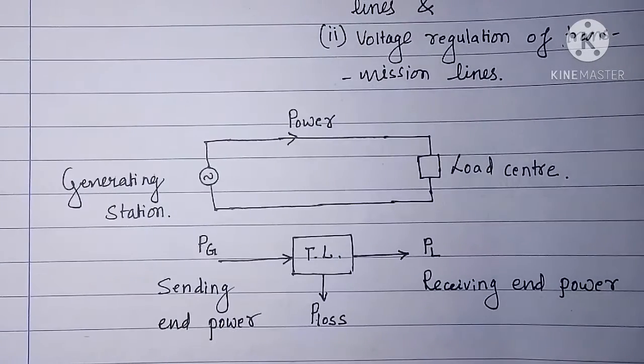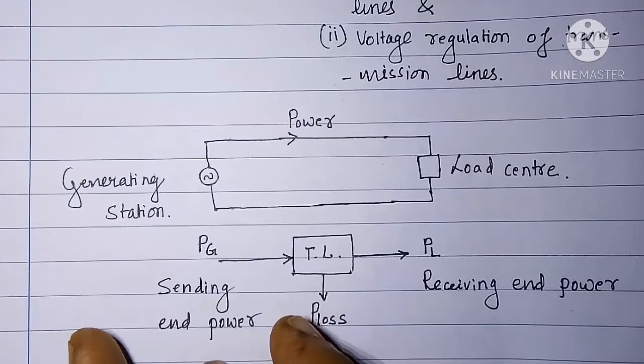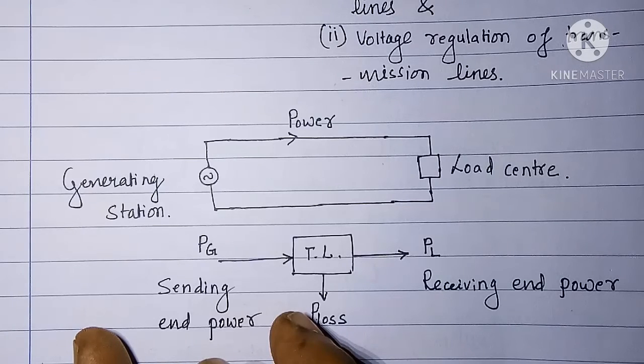Now we can define what is the efficiency of transmission line. The efficiency of transmission line is given by the ratio of receiving end power to sending end power.